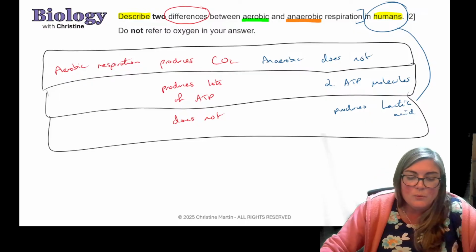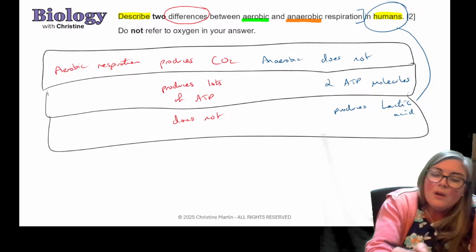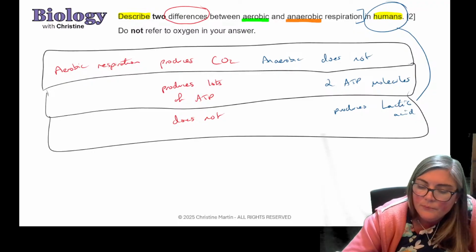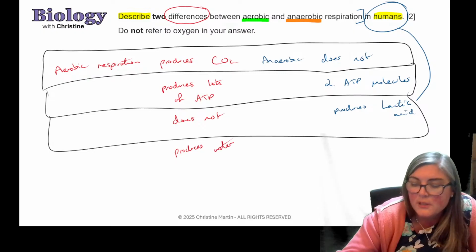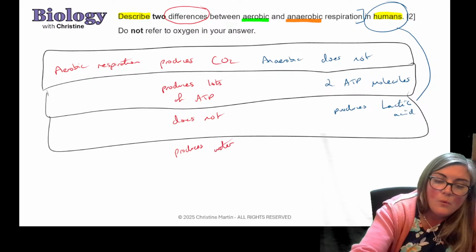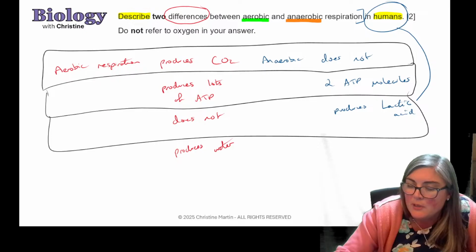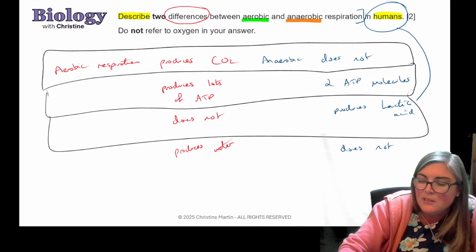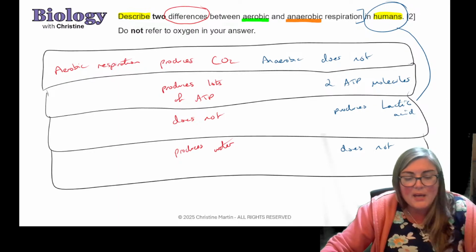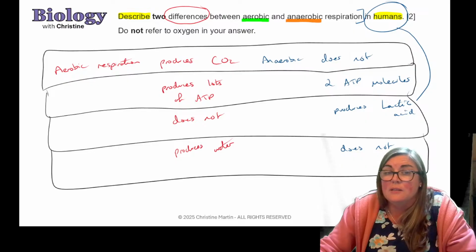The other thing to note as well is that we've also got aerobic respiration produces water, whereas anaerobic respiration does not. So do make sure you are giving your comparative statements so that you can maximize those grades.